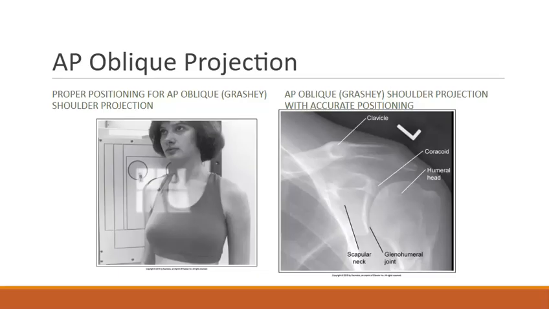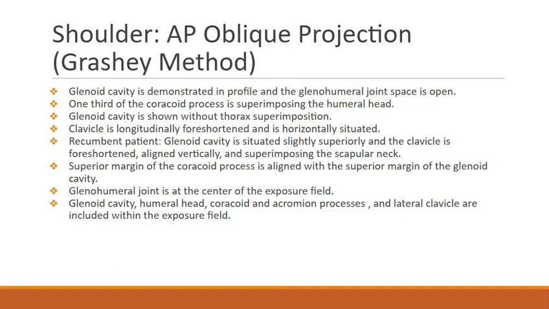For this projection, the superior margin of the coracoid process should be aligned with the superior margin of the glenoid cavity. The glenohumeral joint should be demonstrated at the center of the exposure field. The glenoid cavity, humeral head, coracoid and acromion processes, and lateral clavicle are included within the exposure field. Here are those image analysis guidelines for your review.